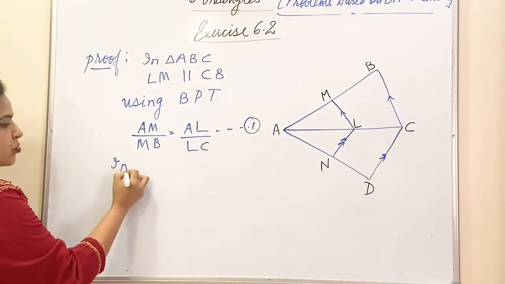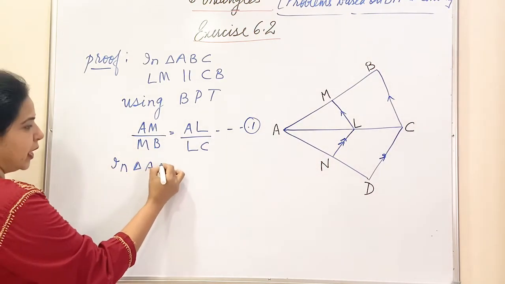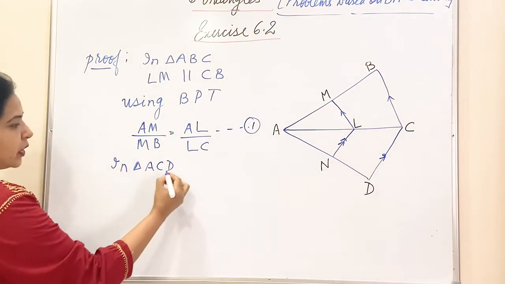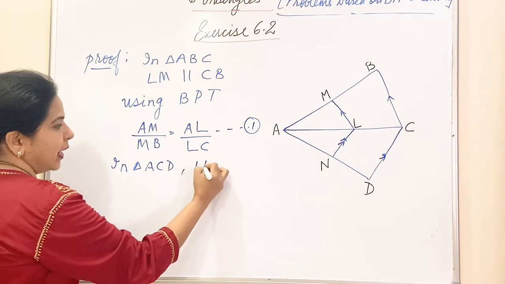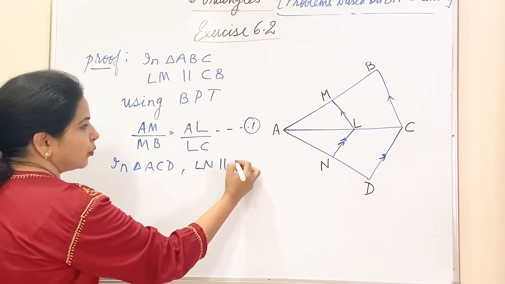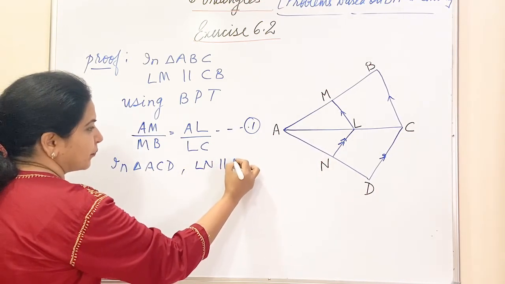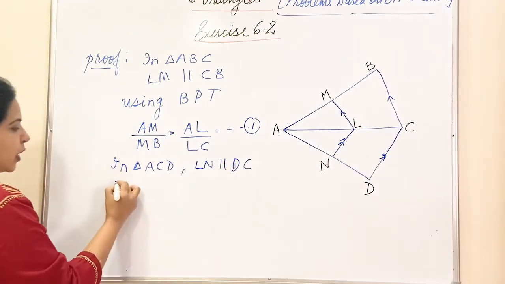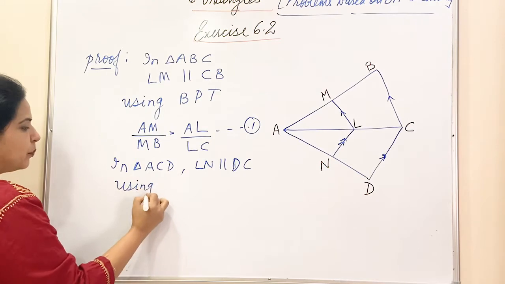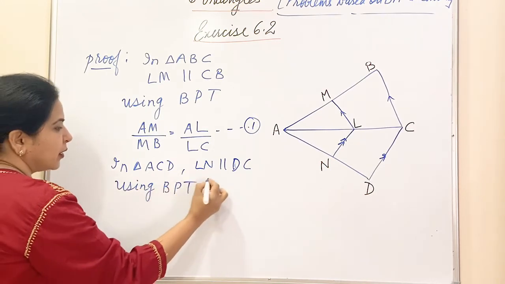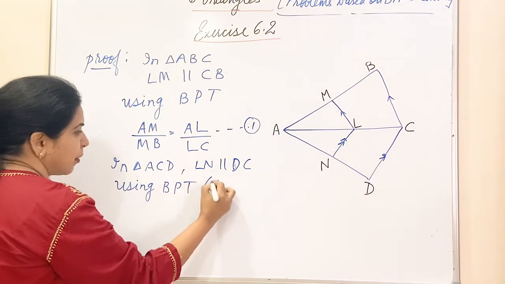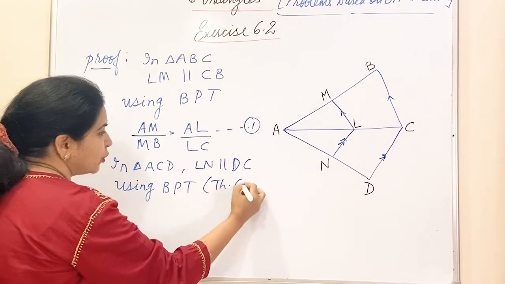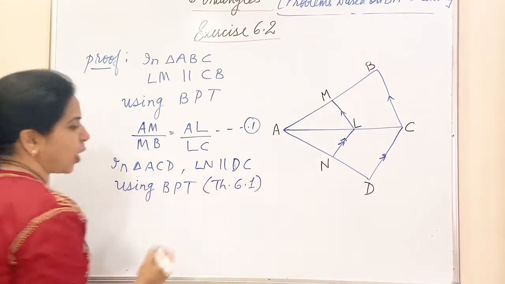Now in the next triangle, in triangle ACD, given LN is parallel to DC. So again using BPT, you can name the theorem also, number the theorem also, using theorem 6.1.